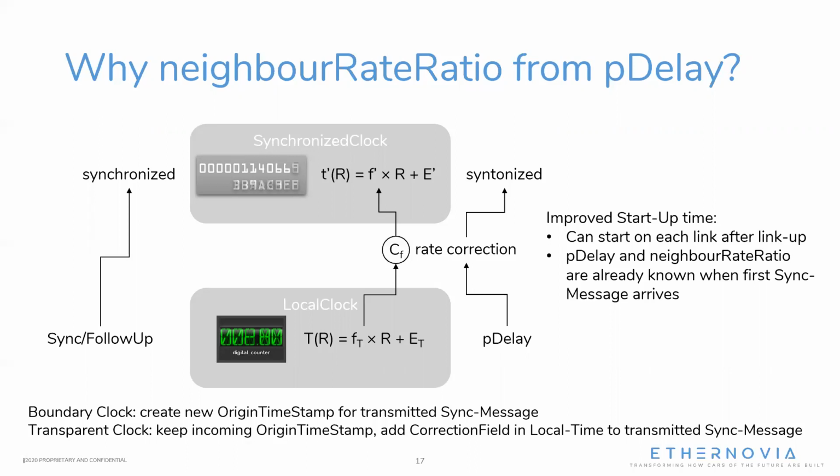And once you finally get a message from the grandmaster, you have the rate ratio to the grandmaster basically already available from the pDelay messages in local time. And so once you actually receive a sync follow-up pair, you can immediately synchronize your clock, and it will hopefully already be synchronized due to having started up the pDelay process before.